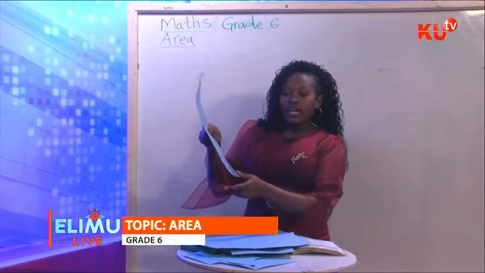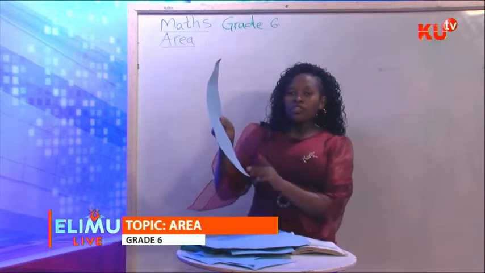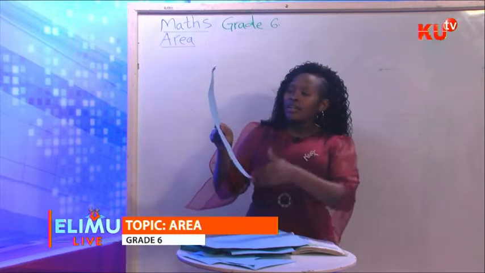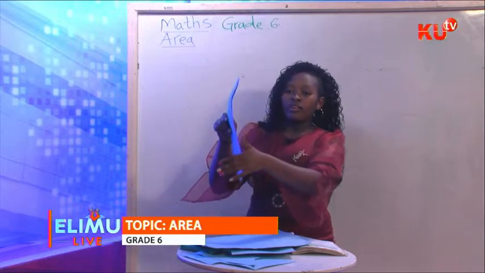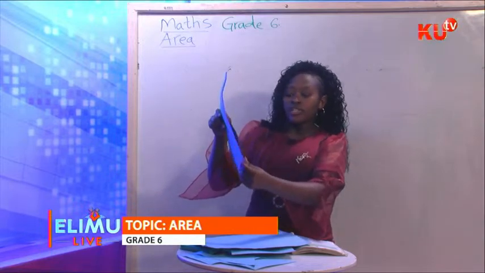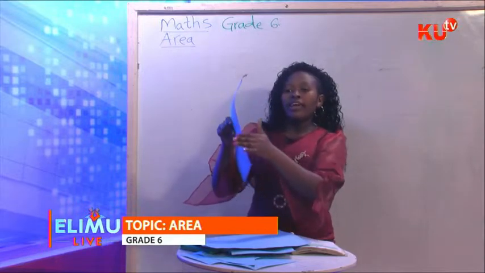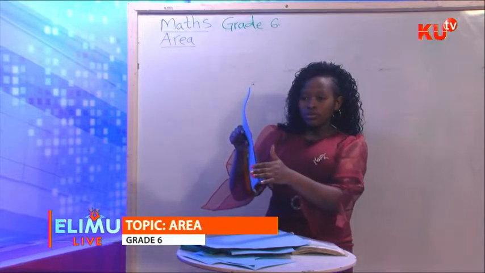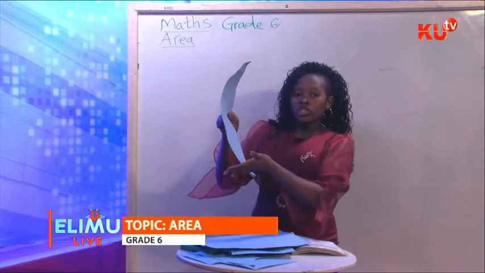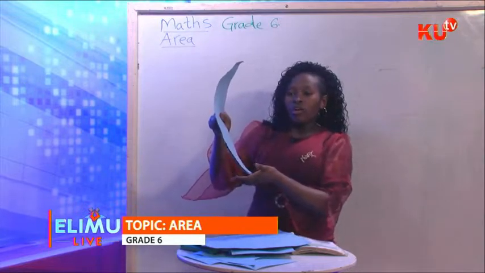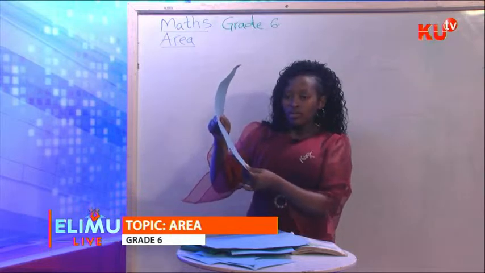So after I have cut my rectangle into two diagonally, the length of the rectangle becomes the height of our triangle, and I also have the width of the triangle.